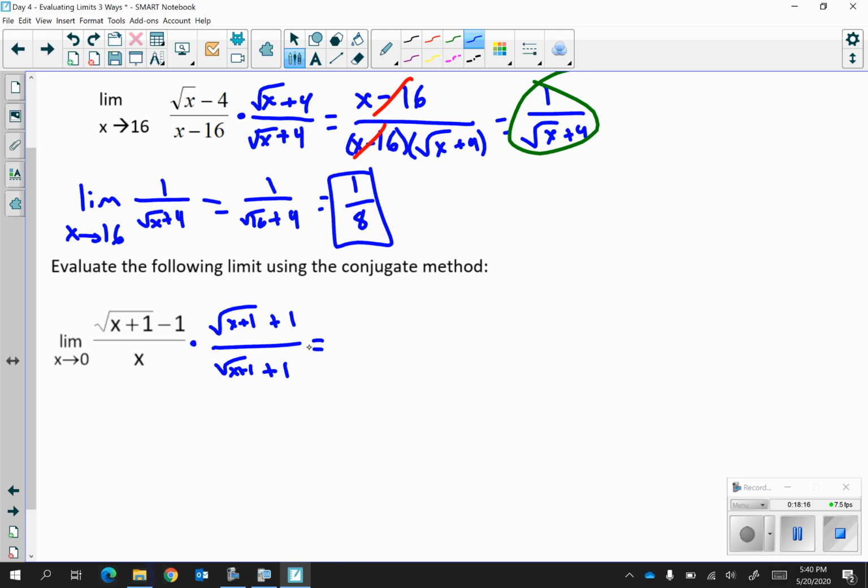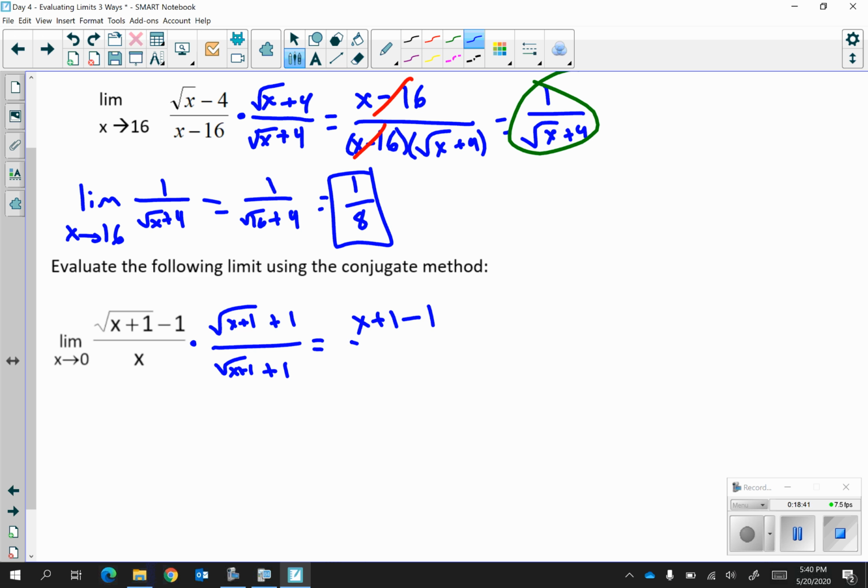Now, when you do this, we said before that this makes the radical go away. So it becomes just x plus 1 minus, and now we're going to square 1. Negative 1 times positive 1 is negative 1. Now, if you don't believe me, you can do the box method and find out for yourself.